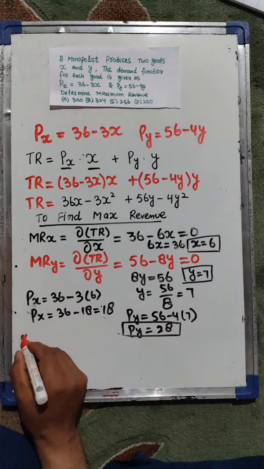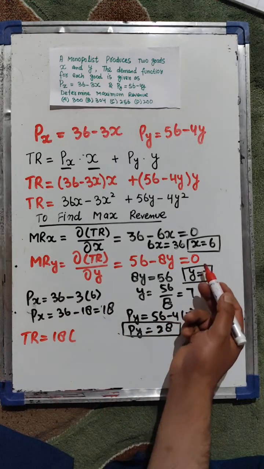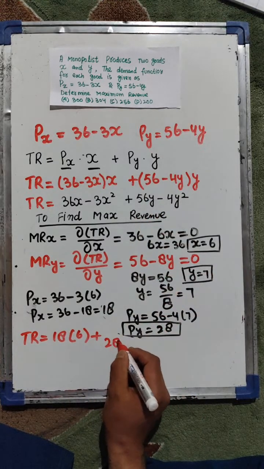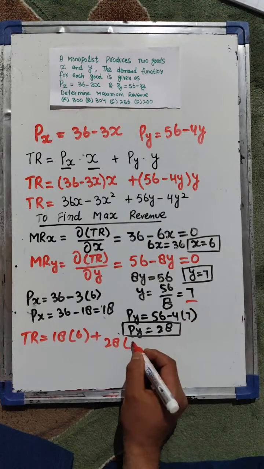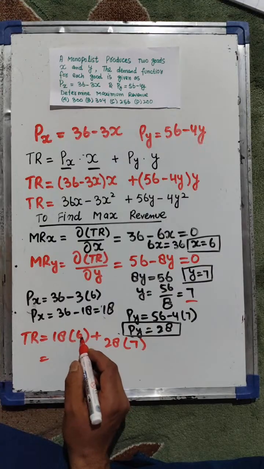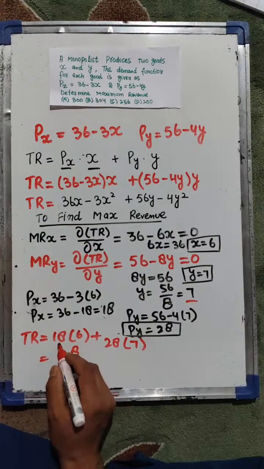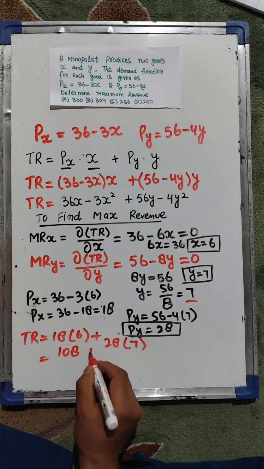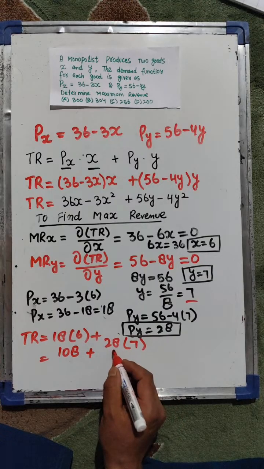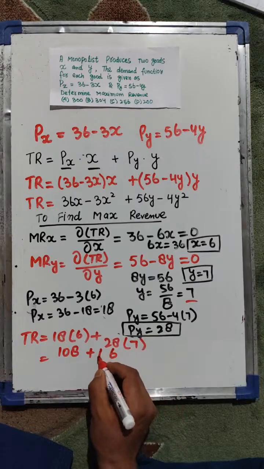So, total revenue will be equal to price of good X, which is 18, times units of good X, which is 6, plus price of good Y, which is 28, times units of good Y, which we calculated as 7. So 6 8s are 48, 6 1s are 6, so it is 108, plus 7 8s are 56, 7 2s are 14, so 196.